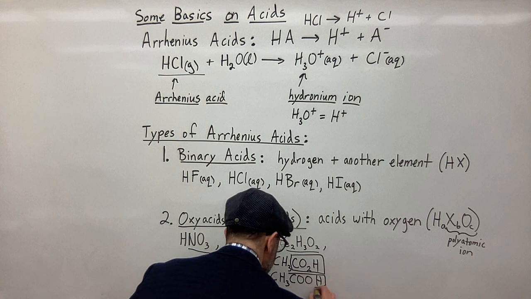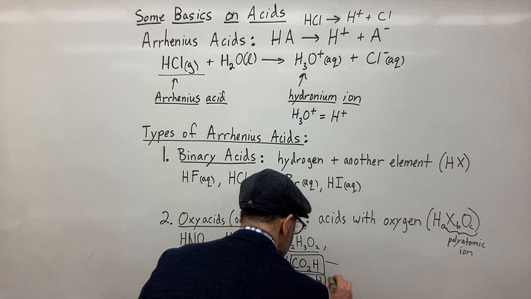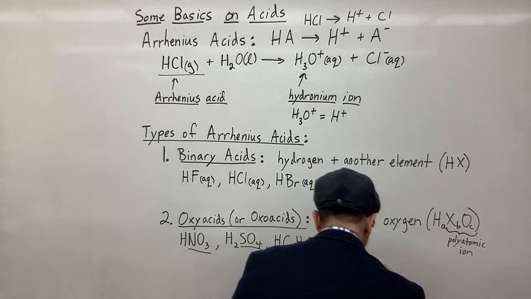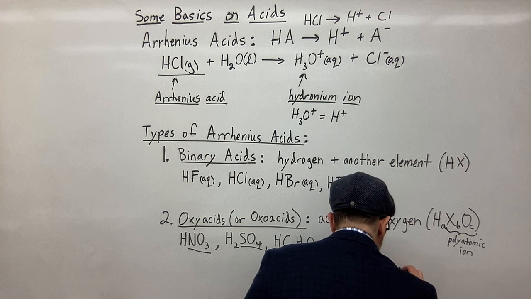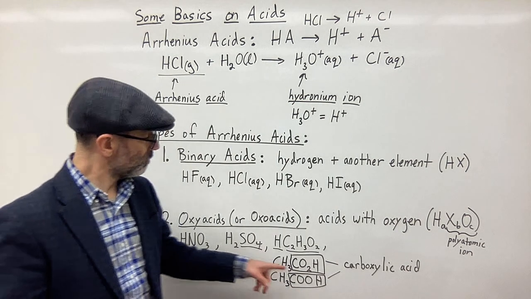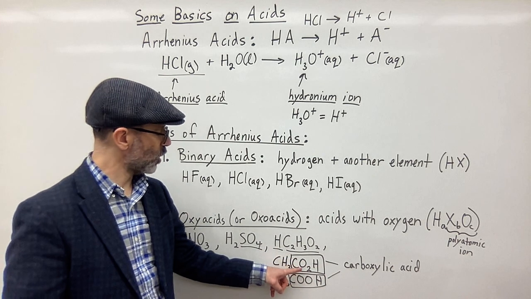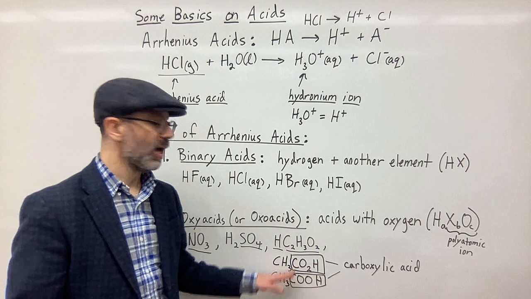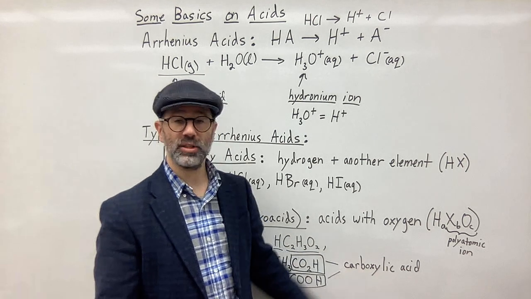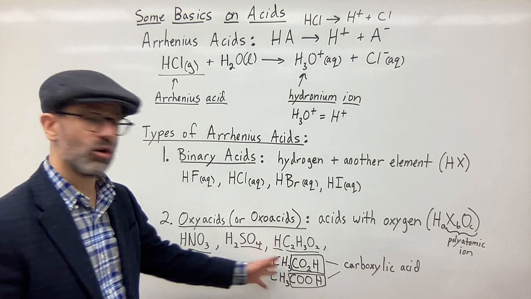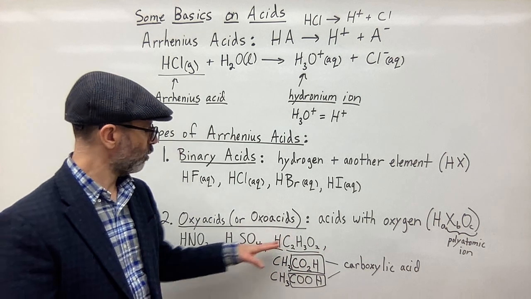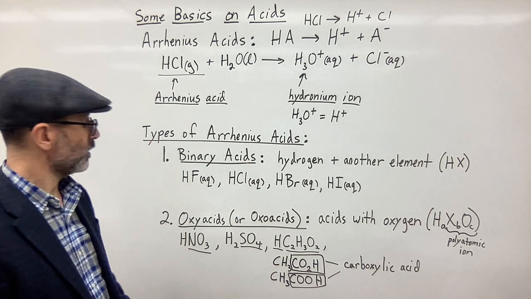Right, same thing. So these indicate carboxylic acids. Again, these are organic acids, and you can recognize it by either CO2H or COOH. If you see that ending, if you see this in your formula, then you know it's a carboxylic acid. So just FYI, but you can write it like that too. So you can call it an oxyacid as well.